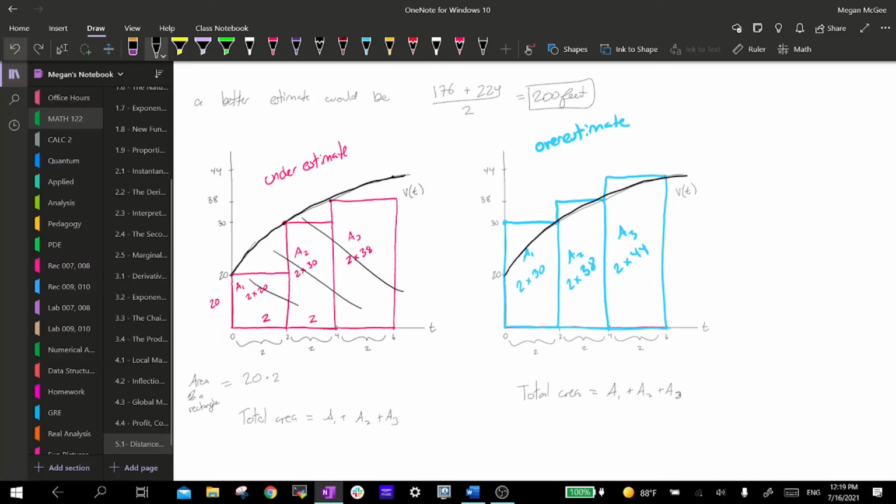All right? So, can we tell why it's an underestimate and why it's an overestimate? Well, let's look at this underestimate. We're missing all of this.